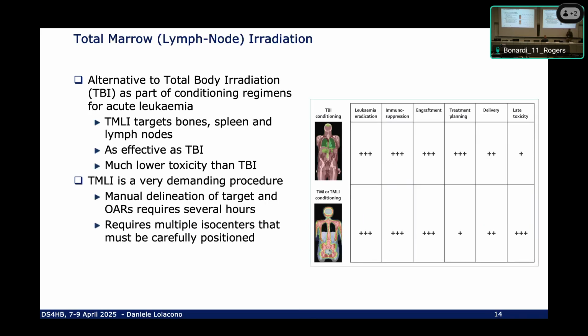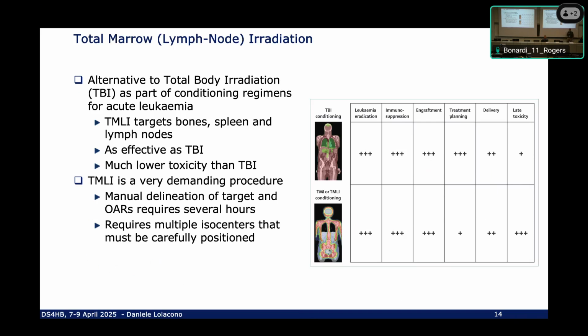Just to explain very quickly what total marrow and lymph node irradiation is: it is a conditioning regimen that is used for acute leukemia. The idea is that we try to target bones, spleen, and lymph nodes with radiation, and it is an alternative to an older type of conditioning regimen for this condition, that is total body irradiation.